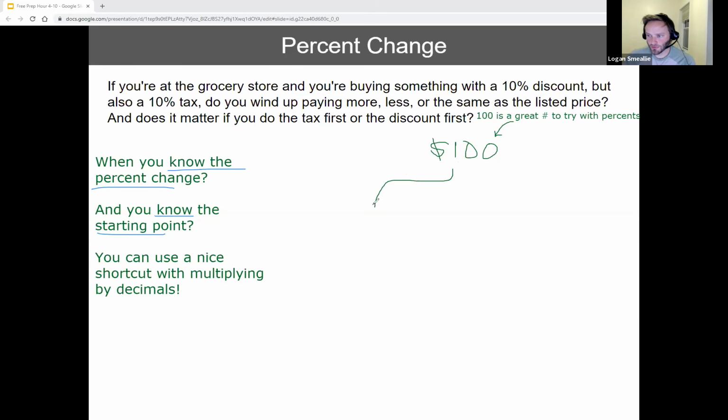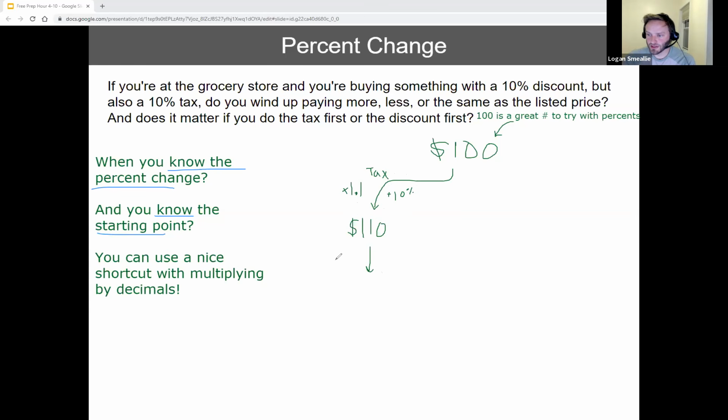Let's see what happens when we do the tax first. Well, I'm going to multiply times 1.1, my starting point, because I have a 10% increase. You'll find if you do that, that I have $110. So that's my plus 10%.